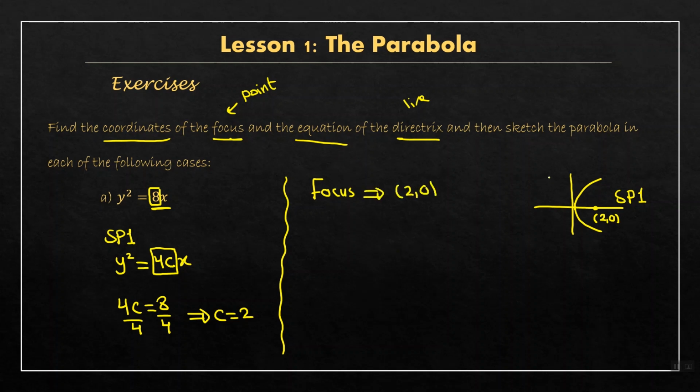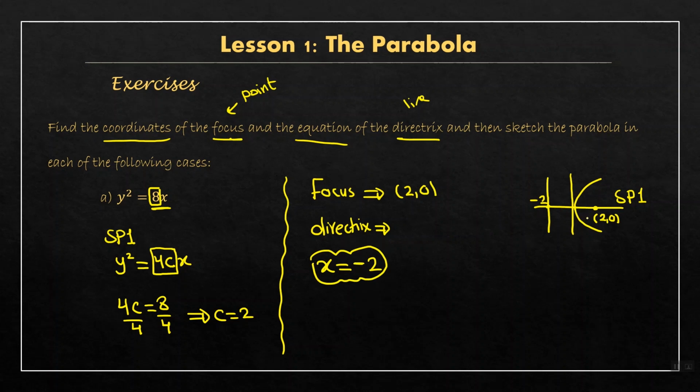The directrix is going to be here. It's going to cut the x-axis. Where is it going to cut the x-axis? As long as this distance is 2, this distance is 2, but in the negative direction, so it's minus 2. So it's going to be x is equal to minus 2. So this is the equation of the directrix, and this is the sketch of the parabola.